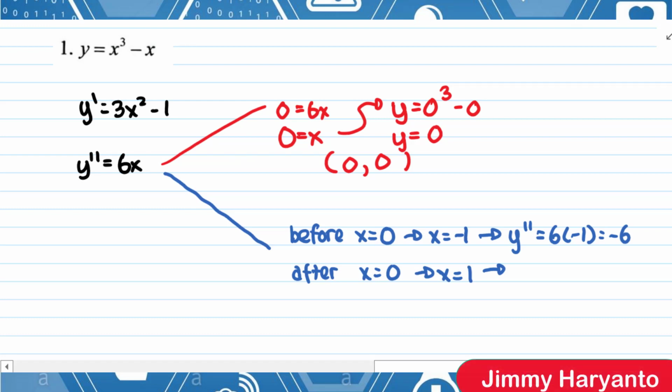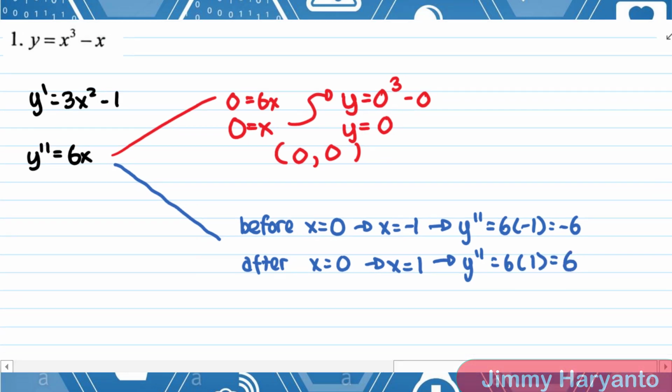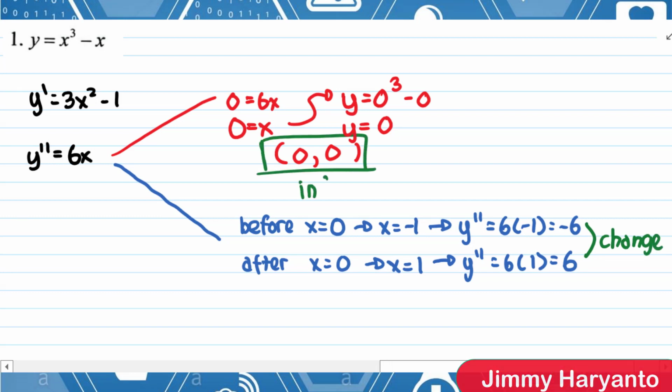Please remember that you have to find the y double accent value, not the y accent, not the y. So for x equals 1, 6 times 1 equals 6. So as you can see, we have a change of sign right here. The sign is changed. Because the sign is changed, that means this one is an inflection point.